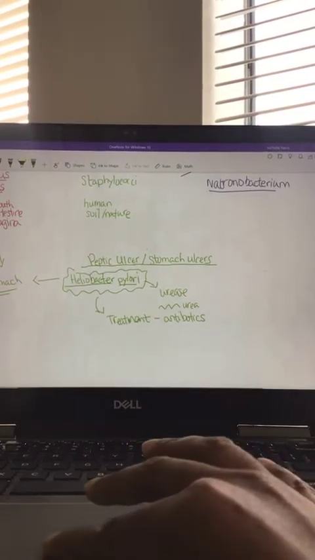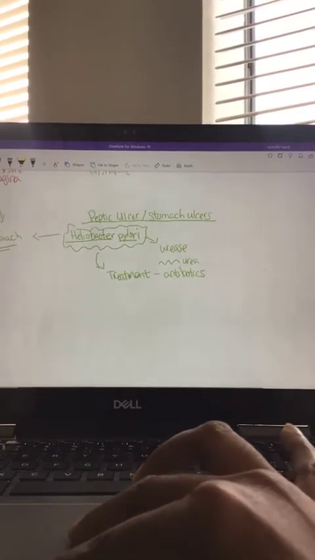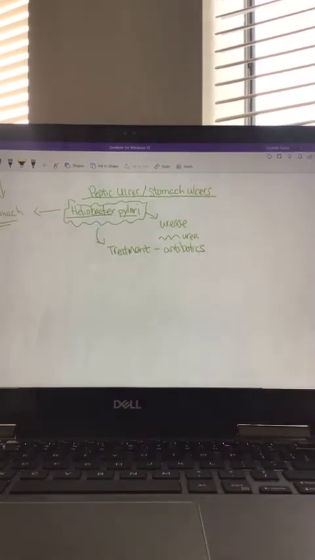Now, how could scientists create antibiotics? Well, in order to create antibiotics, they would have to know what bacteria is causing the illness. And when they know what the particular microbe is, they would have to know its structure. Once they know the structure, they can create antimicrobial drugs to attack the structure of the microbe.